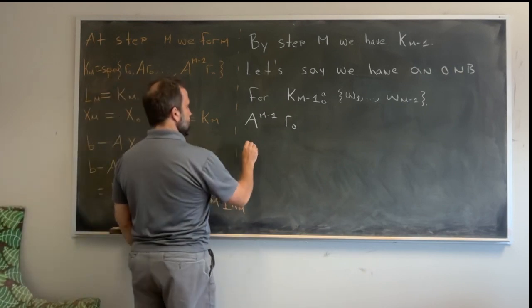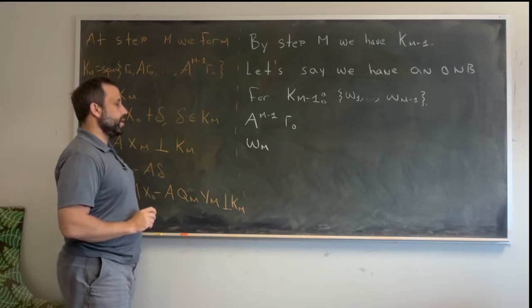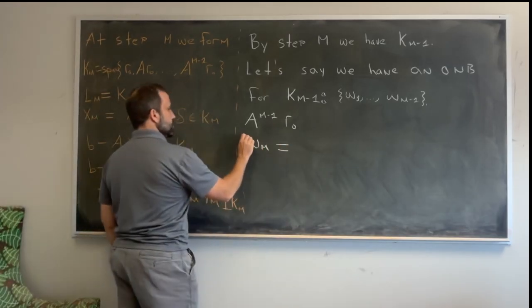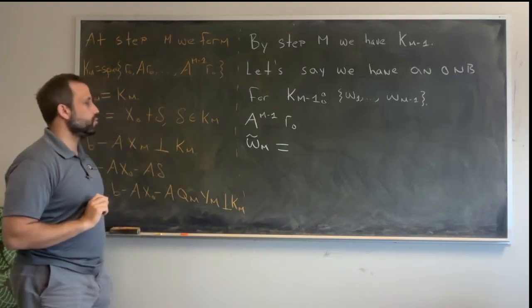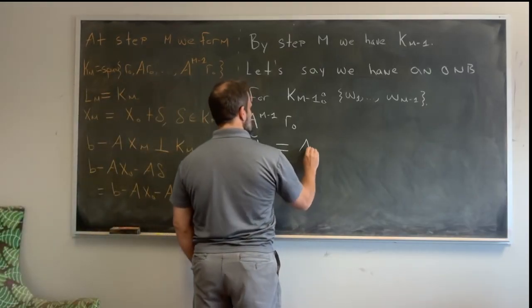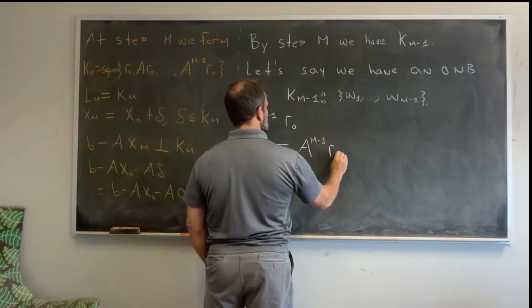And so my new vector is going to be equal to Wm, and actually I'm going to put a tilde over it for now. This will be the non-normalized version. Wm tilde is going to be equal to A to the m minus 1 r naught.